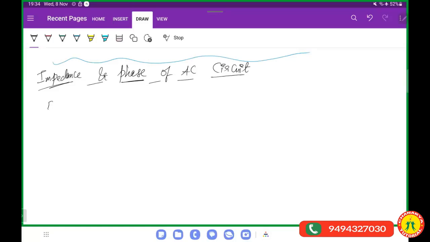Okay. So this impedance phase, let's see here. E equals E naught sine omega t, and I equals I naught sine omega t. If I want to make it lead, I will add some phase angle. If I want to find Z, I do E naught by I naught.